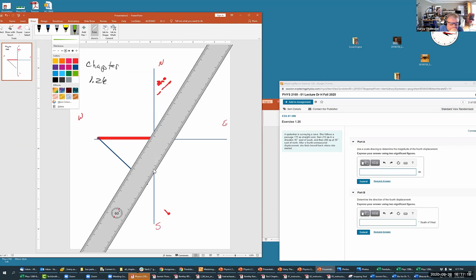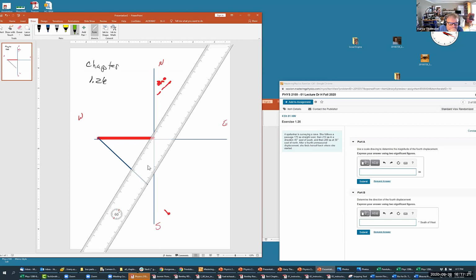You got to get the ruler right on there. No, 14.5 centimeters. Yep. So that's 7 centimeters. 1, 2, 3, 4, 5, 6, 7. Okay.